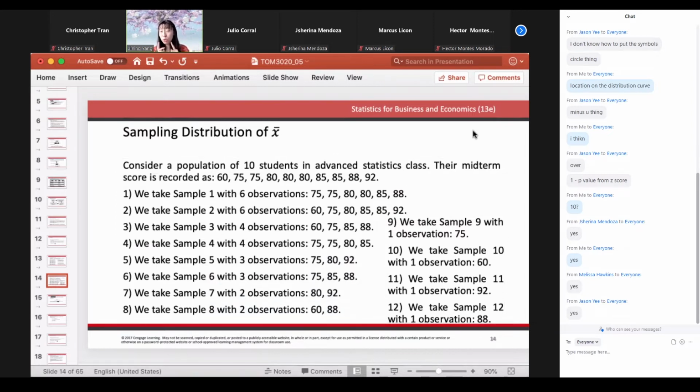So let's do the same exercise. Calculate the mean for each sample here, and see how far each one of these sample means deviates from the mean of your sample mean, which is 80.